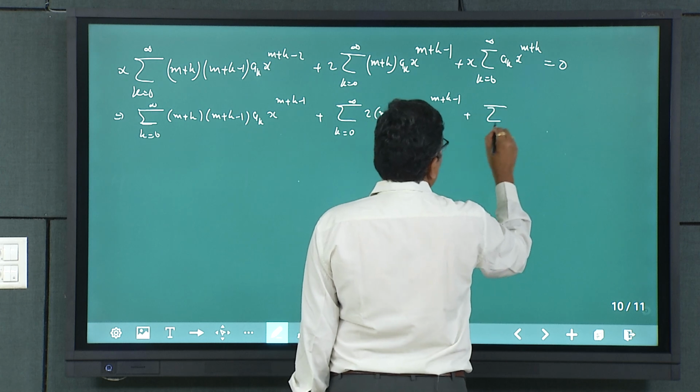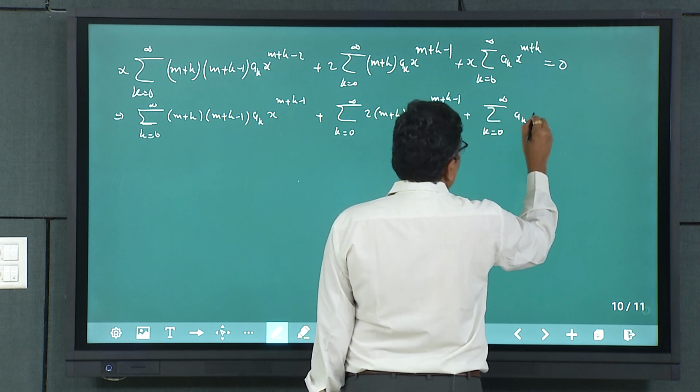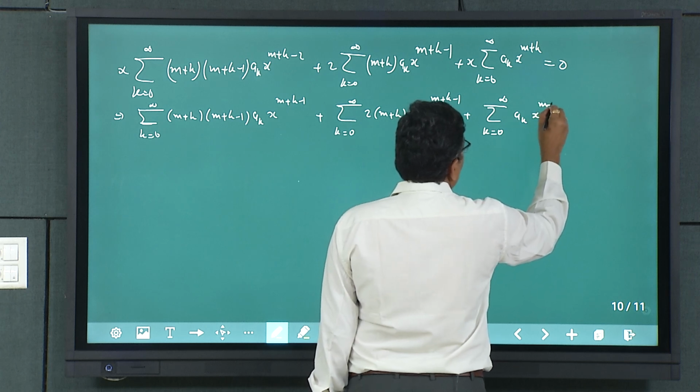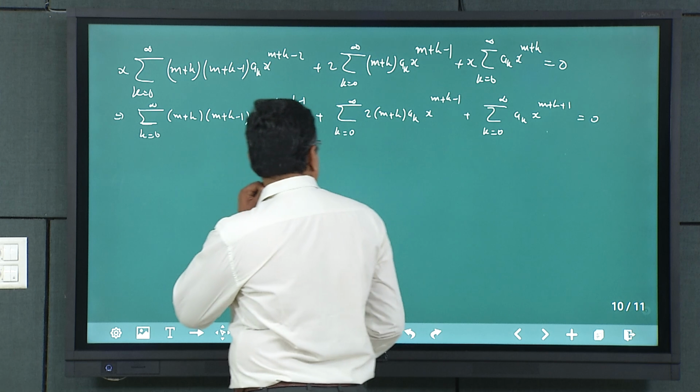So, sigma k equal to 0 to infinity a_k x raised to power m plus k plus 1, this is equal to 0.